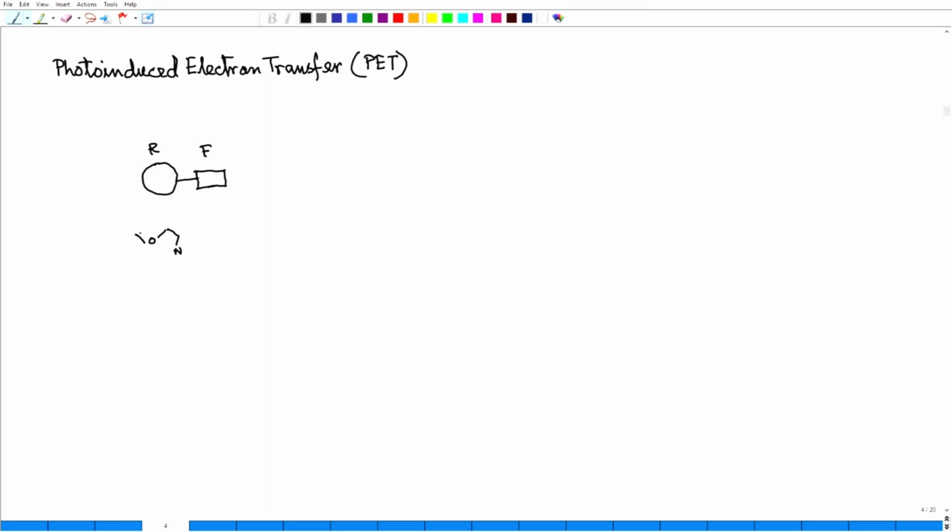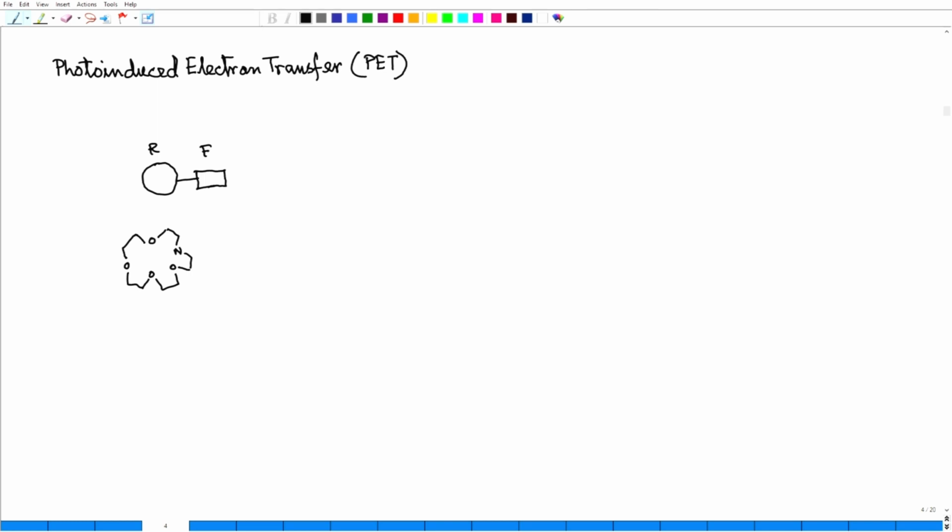Suppose I make an aza crown kind of compound here, 1, 2, 3, say 4 and 5. This will be good for sodium ion, size-wise, because I have done work on these things many times.